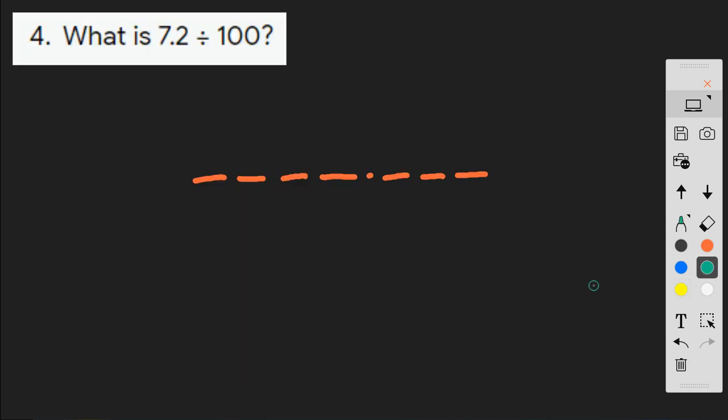Okay, question 4. Now, this is very similar to question 1 in this set, and obviously the idea here is that I want you to do this without a calculator. So I've put here the various places for what our numbers mean.